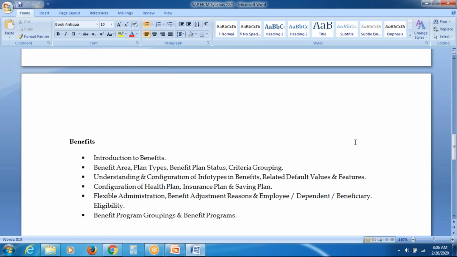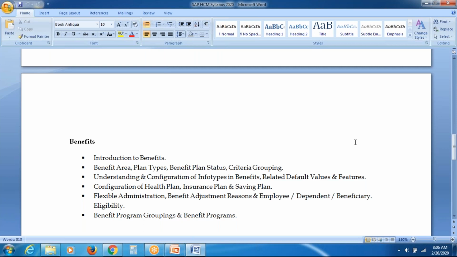Of course, these days in India, there is going to be one standard benefit plan or medical plan into which all the employees are enrolled, like Medicare or something.